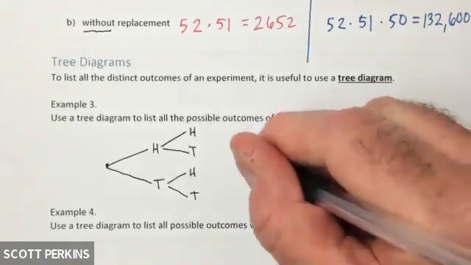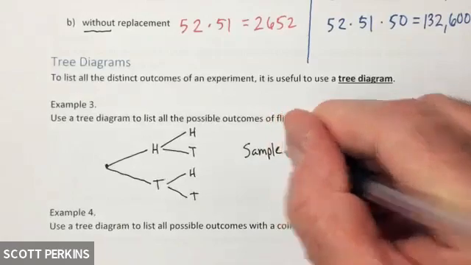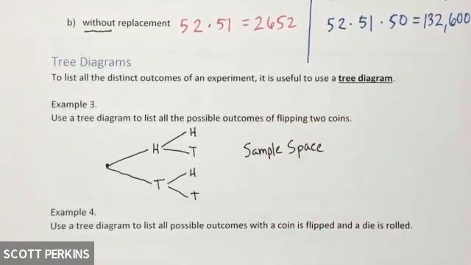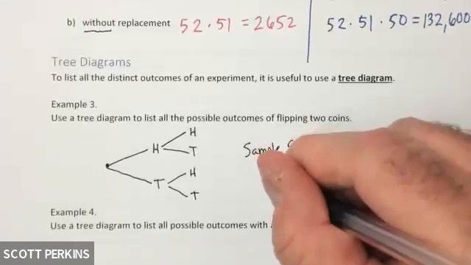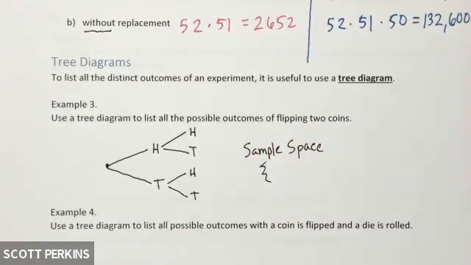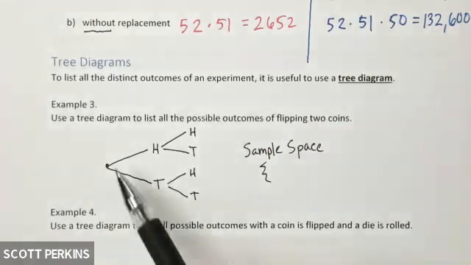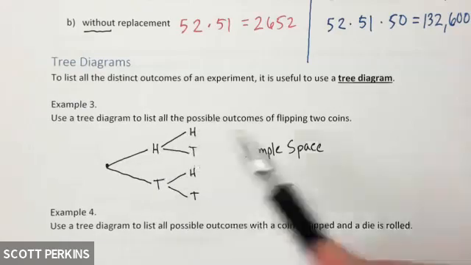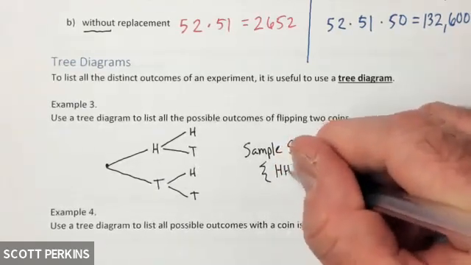This is called the sample space. So if these words are used in your homework, the sample space is just the list of all the possible outcomes. So here we go. For no particular reason, I'm just going to do the top branch first. As I follow the branches, the first outcome is a heads, then a heads. So HH.